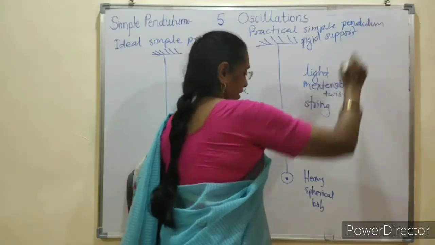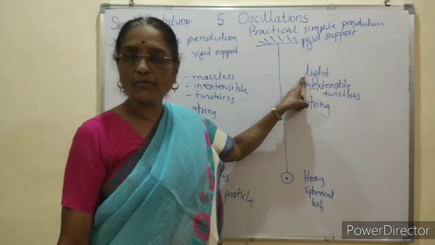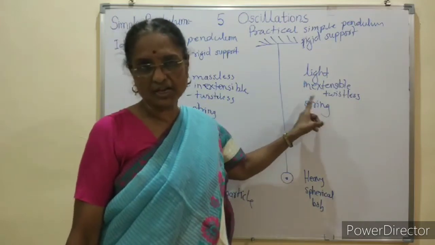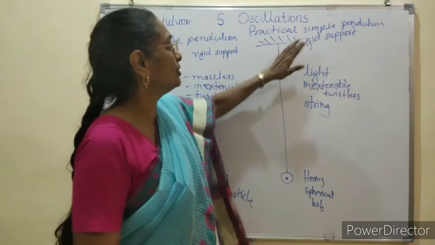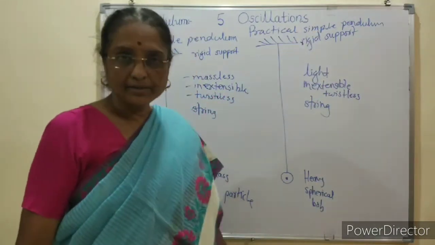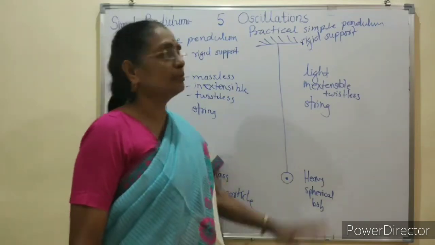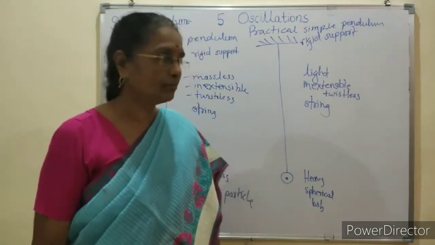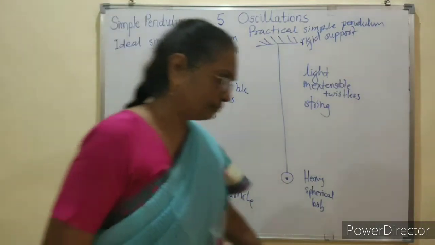It can be heavy spherical bob suspended by means of light inextensible twistless or flexible string from a rigid support. Here is a rigid support. It is a practical simple pendulum. So for the study we use practical simple pendulum, but we have to make ideal simple pendulum.